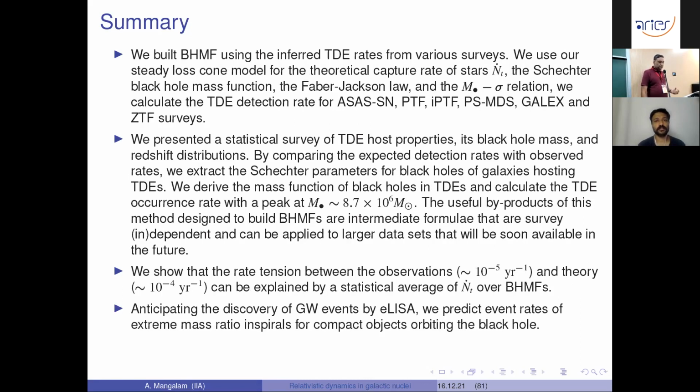With all these properties of occurrence rates, and also to build cosmic density models, these are useful things that can be built out of TDEs and also MREs. If you have a good statistical model and sufficient data, we can probe various important models about black hole mass functions, about the physics of TDEs, dynamical rates, etc.